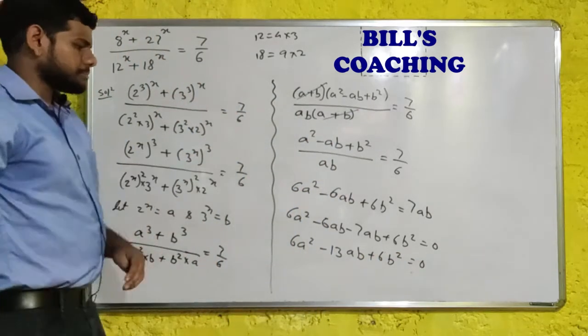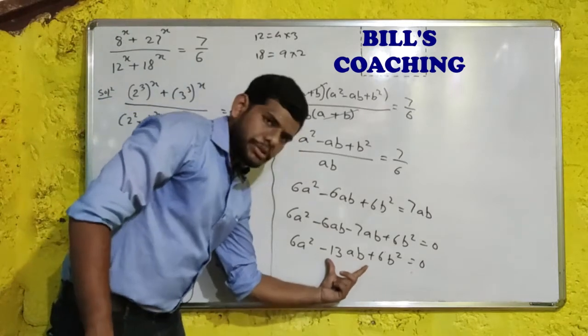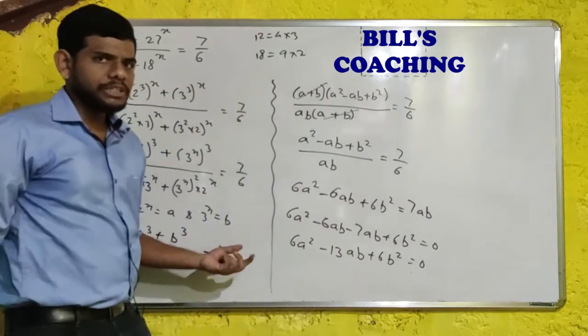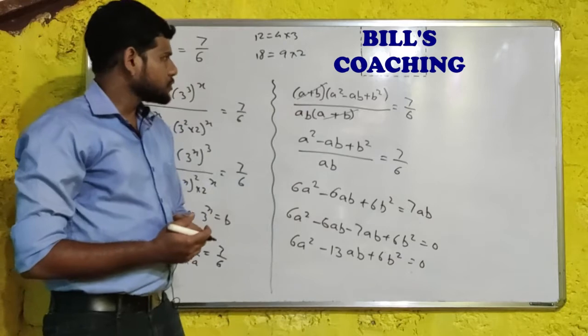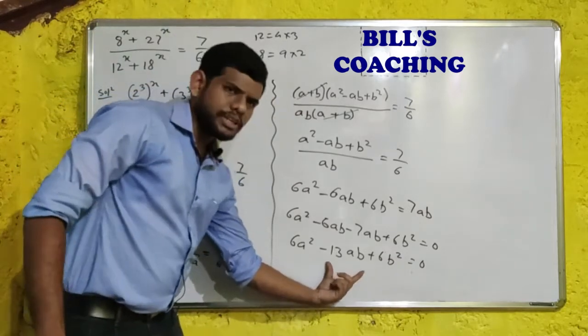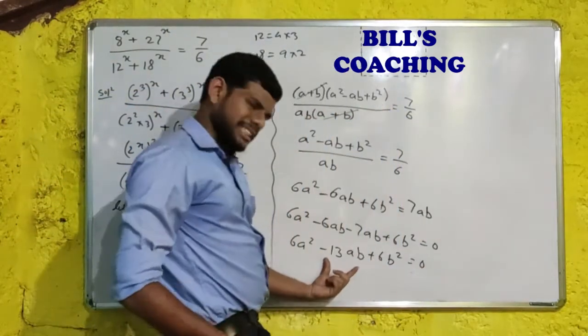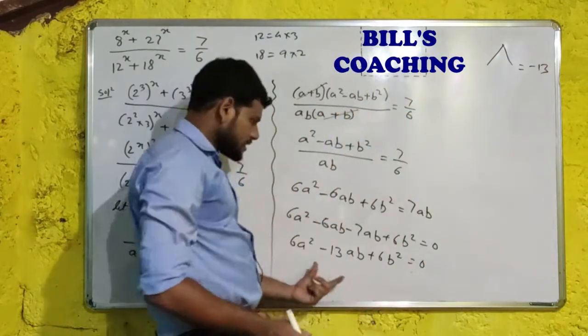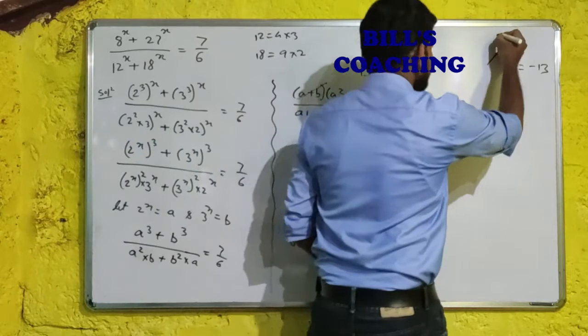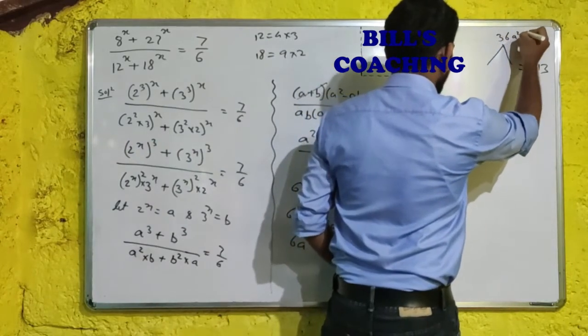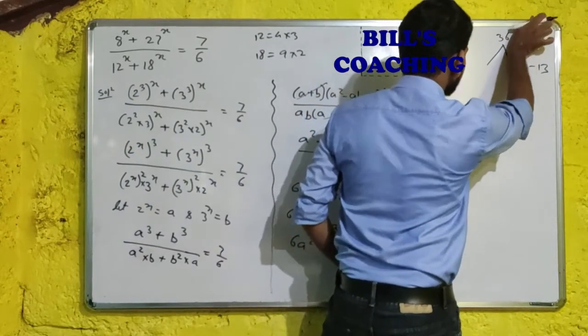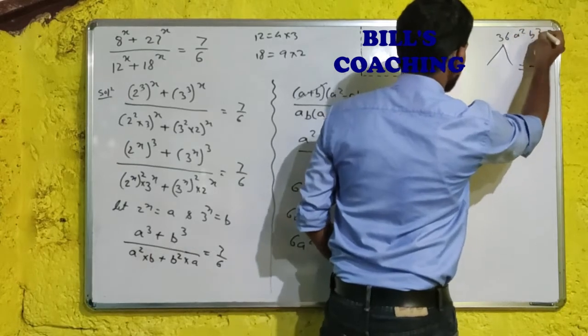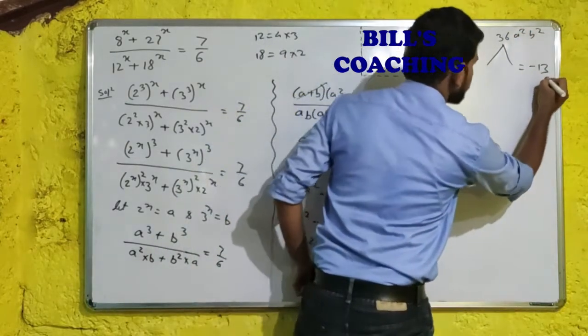Now the interesting part has come. We need to split this in such a way that we get two factors. So we'll split the middle term over here. We need to split minus 13 such that 6 into 6 is 36, so that we get 36 a square b square, and this should be ab.